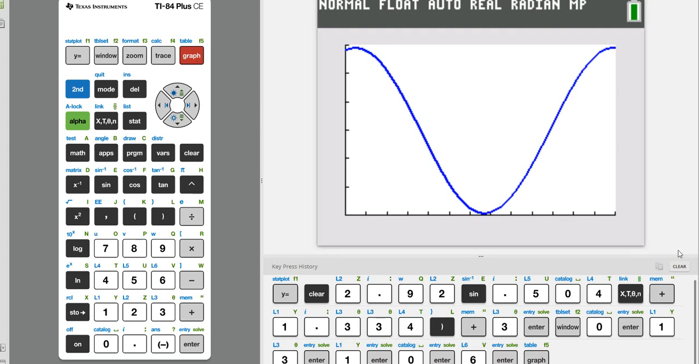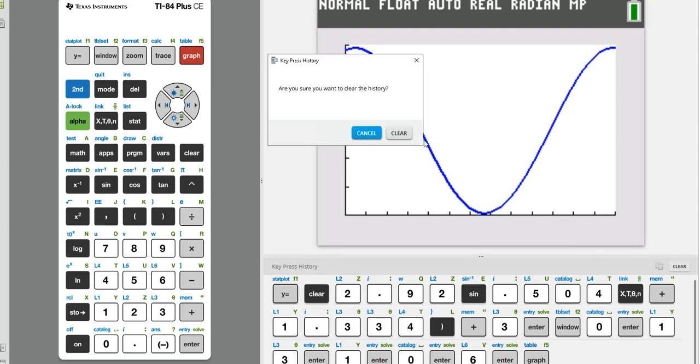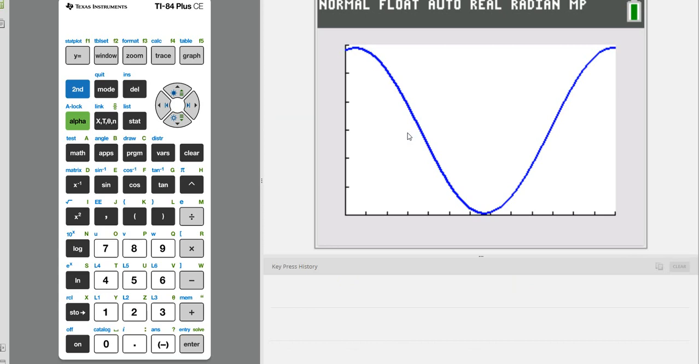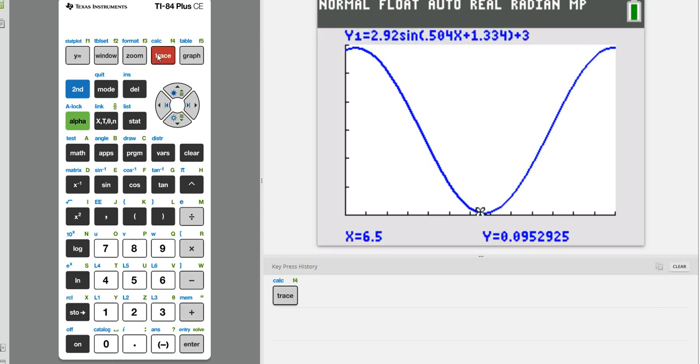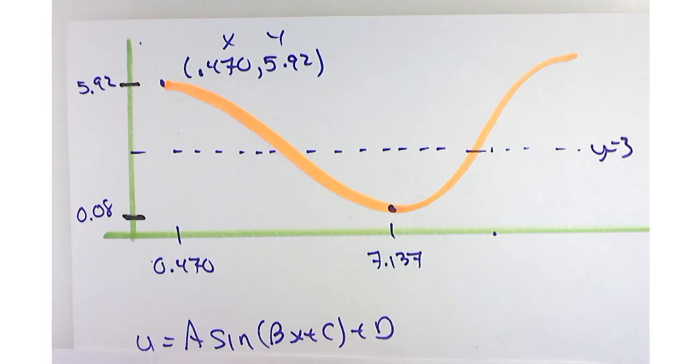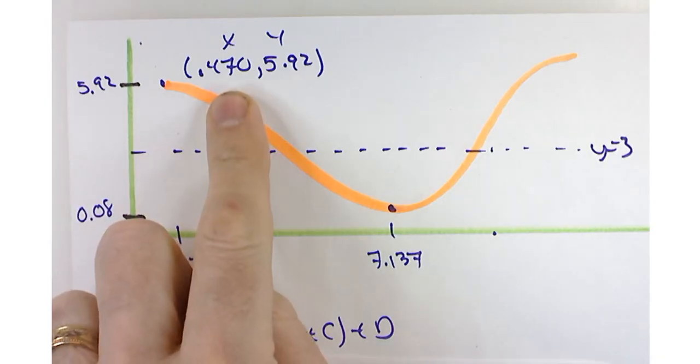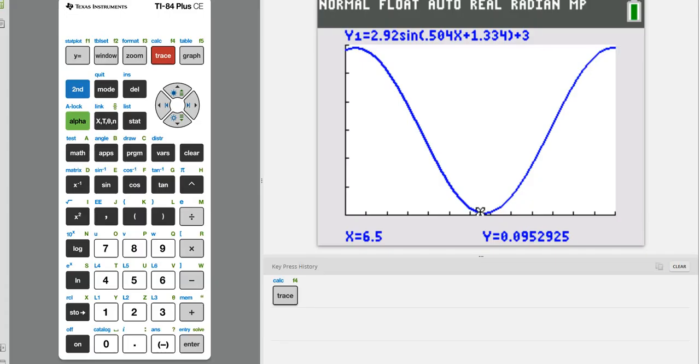And there's my graph. But a good question would be, well, how do I know that it passed through the right point at the right time? Well, we should be able to trace our graph at the right time. And that right time was at 0.47 of an hour. So let's see what happens.